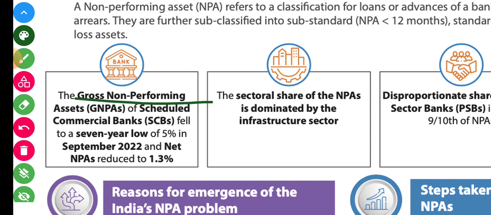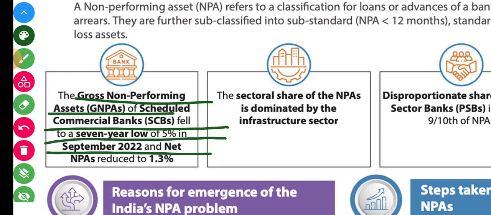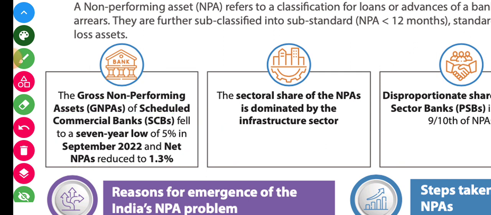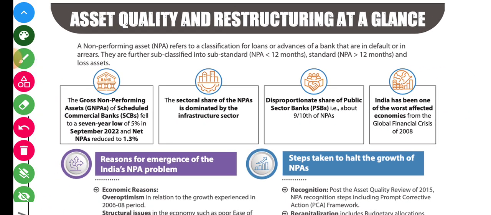Next, the gross non-performing assets of scheduled commercial banks fell to a 7-year low of 5% in September 2022, and net non-performing assets reduced to 1.3%. So keep this in mind. The sectoral share of non-performing assets is dominated by the infrastructure sector.